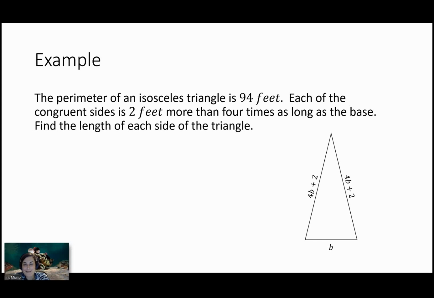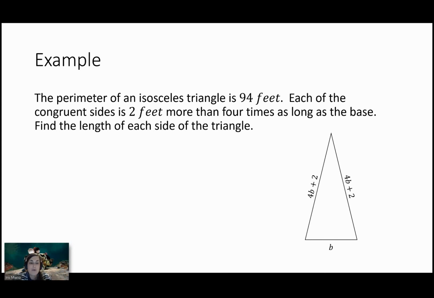However, when I was writing up this PowerPoint presentation, I was thinking of it in more of a standard configuration of terms in which the degree of the term goes from largest to smallest. That's an algebra thing. It's not necessary here. If you had translated it as 2 plus 4b as the length of the congruent sides of this isosceles triangle, you're still doing it right.